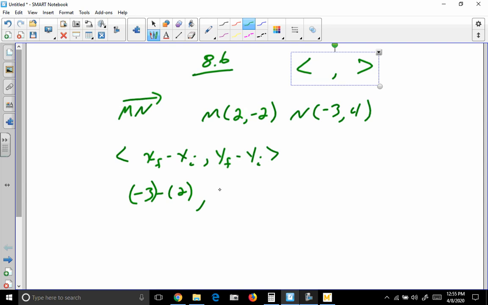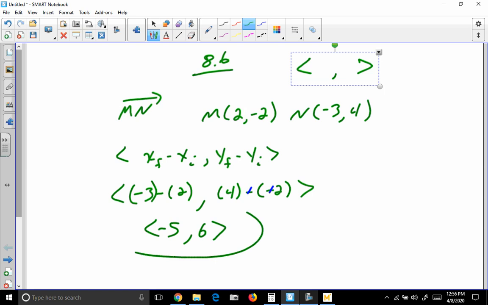We're going to n, so do 4 minus -2, so this y minus this y, and that'll be our components. So -3 minus 2 is -5. 4 minus a negative will make that a plus 2, which will make that 6. So to go from m to n, we go to the left 5, and we go up 6. So that's the component form of that particular vector.